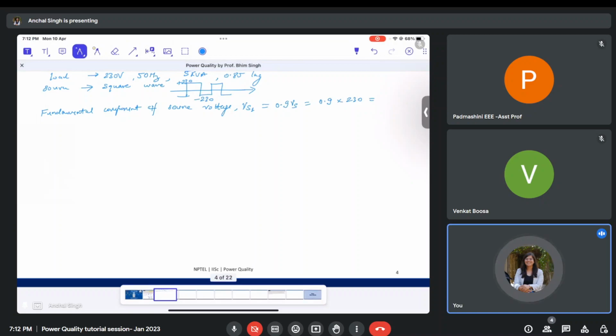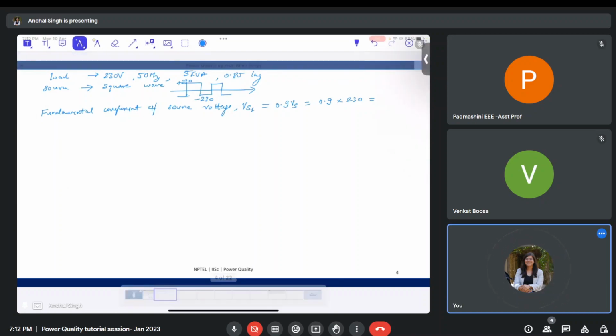So this will come out to be approximately 207 volts. This is the RMS value of the fundamental component.